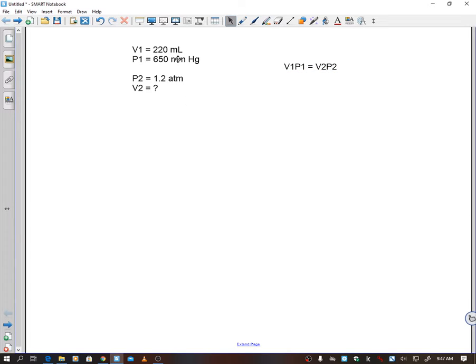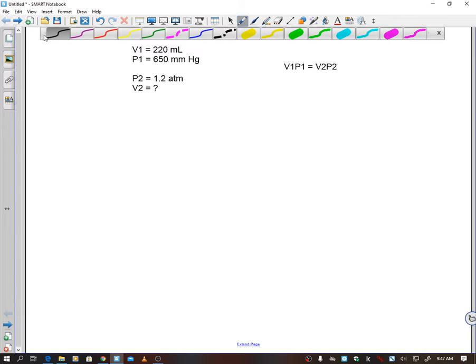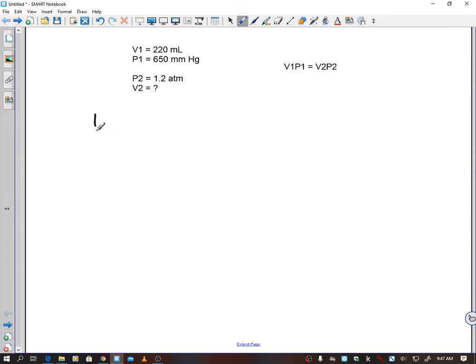Here's the thing: in the notes, everything worked out perfectly, but now I have two different pressures. I have millimeters of mercury and I have atm. I normally like to change my millimeters of mercury to atm, but it doesn't matter what you do. You could change this one. So let's see if I can write with this pen. My mouse is really jerky right now, so we're going to see how this goes. I'm going to take the 650 millimeters of mercury and put it in parentheses.